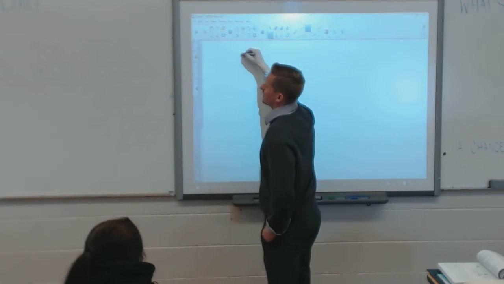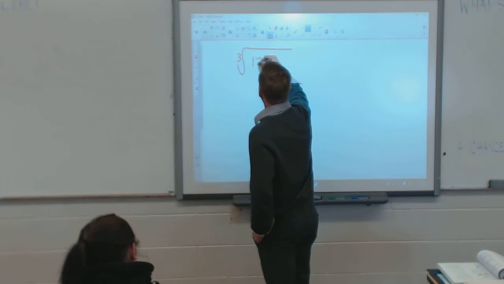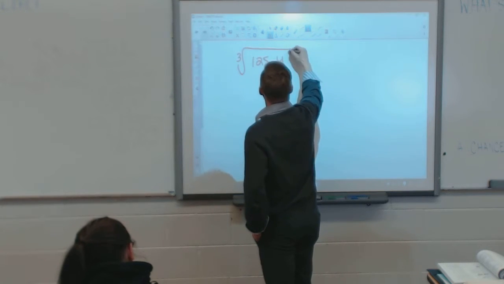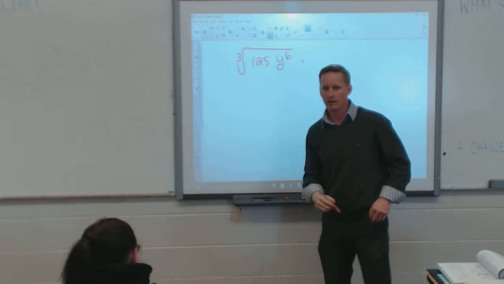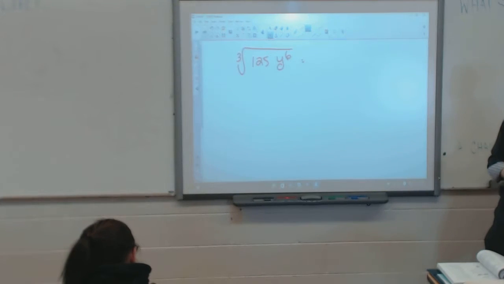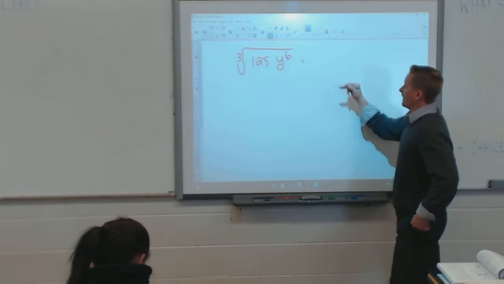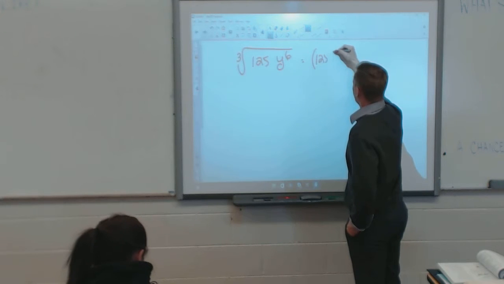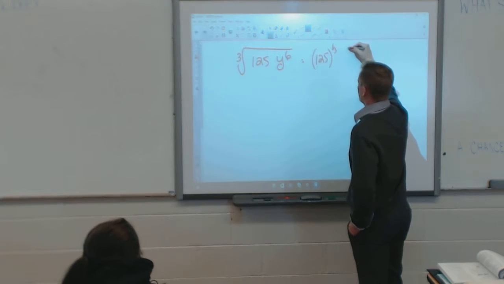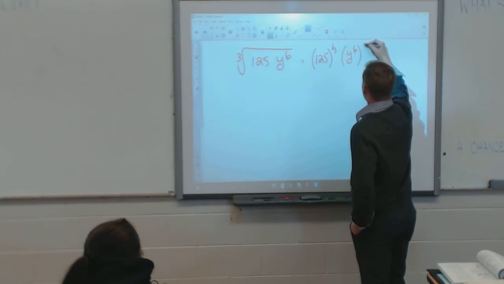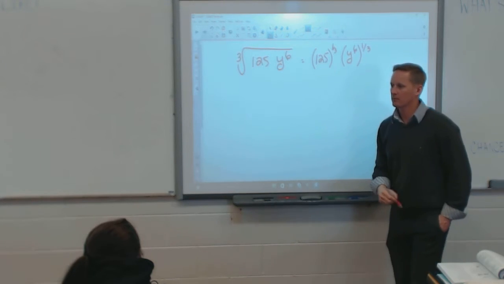I'll give you this one: cube root of 125y. This is an interesting one. Cube root of 125y to the 6th. Me personally, I'm doing this: 125 to the 1/3, y to the 6th to the 1/3.